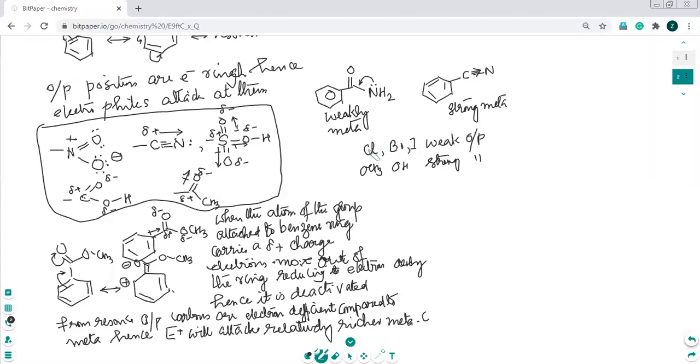Because these halogens are more electronegative, and hence the inductive effect is stronger in halogens compared to other elements like oxygen, nitrogen.